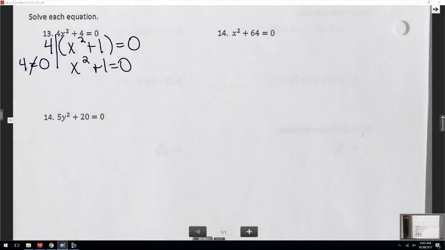X squared plus 1, is that the difference of 2 squares? No, because it's not a difference. It's a plus sign, right? So what could I do to solve for x? Not a square, no. Subtract 1.